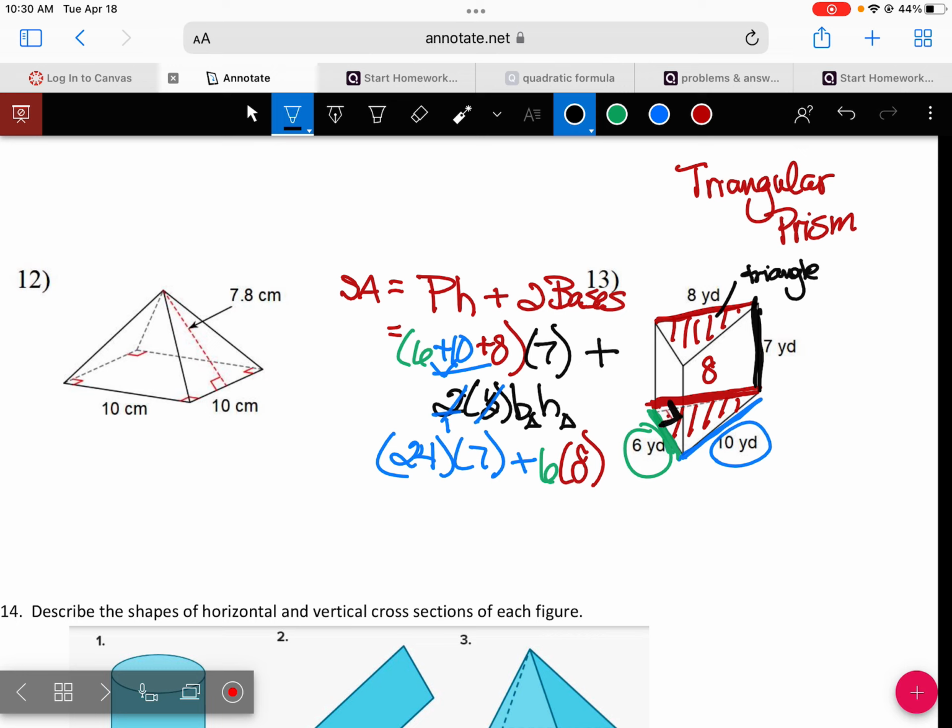They have to be perpendicular. And we already canceled out the 2 because we have 2 bases and the half. So 24 times 7 is 168 plus 48 gives me a total of 216 yards squared.